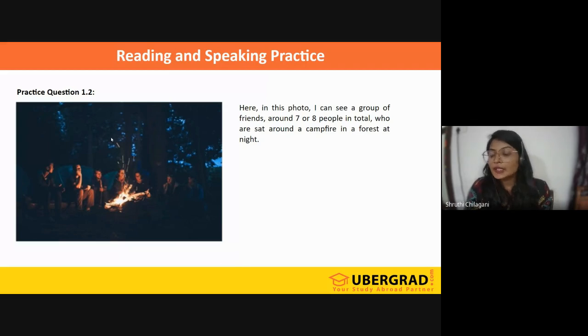Always consider yourself as describing this to a blind person. So the example answer is: in this photo, I can see a group of friends, around 7 to 8 people in total. See the specifications, 7 or 8 people in total, who sat around a campfire in a forest at night.